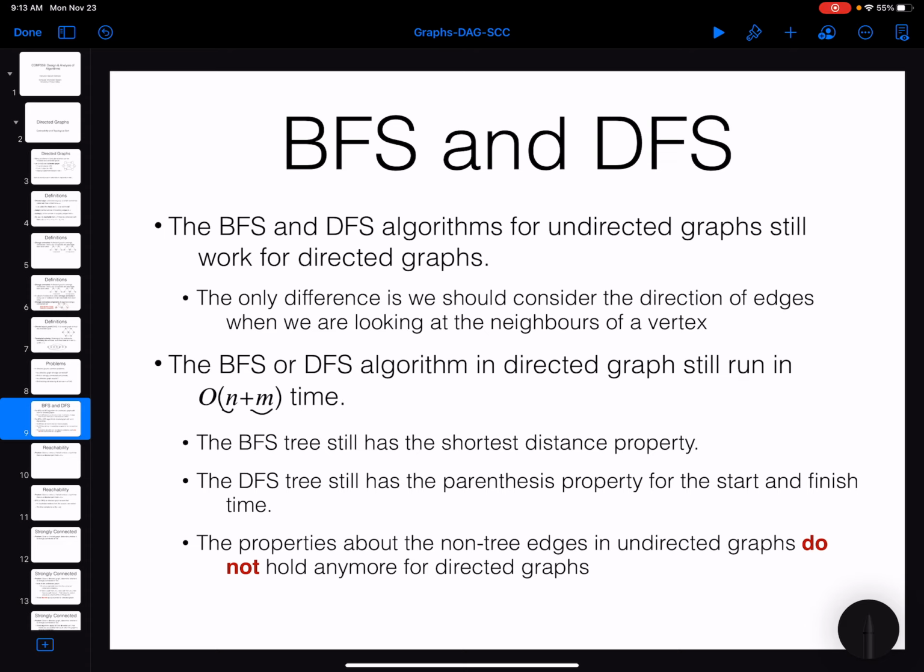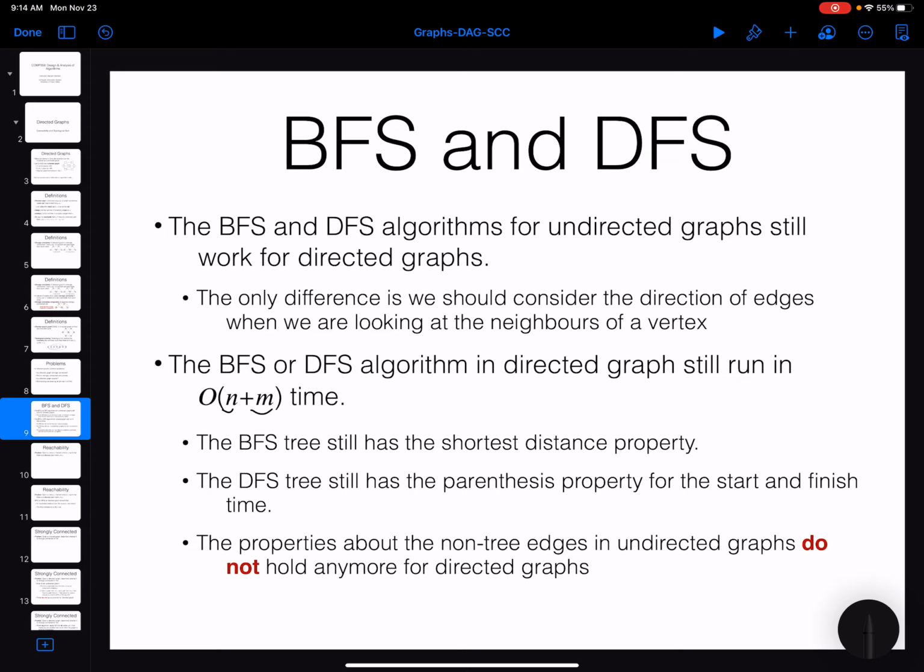The property that we discussed over the start and finish time for the depth first search tree, the DFS tree, still holds, which means that if you consider the intervals for the start and finish of all the nodes, they are going to have the parenthesis property.